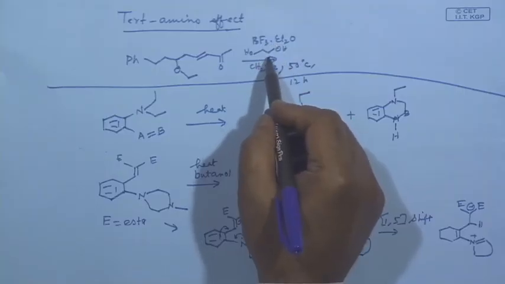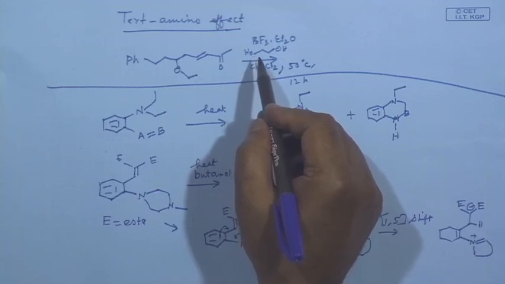Okay. This is again a very recent example. What can you think of? There is no nitrogen now, there is an oxygen, and the condition is butane 1,2-diol, like ketalization.